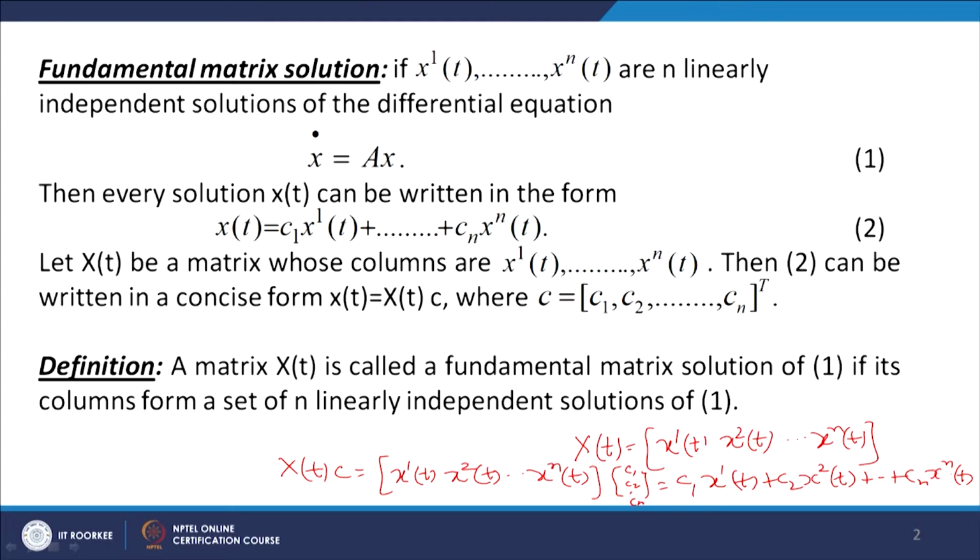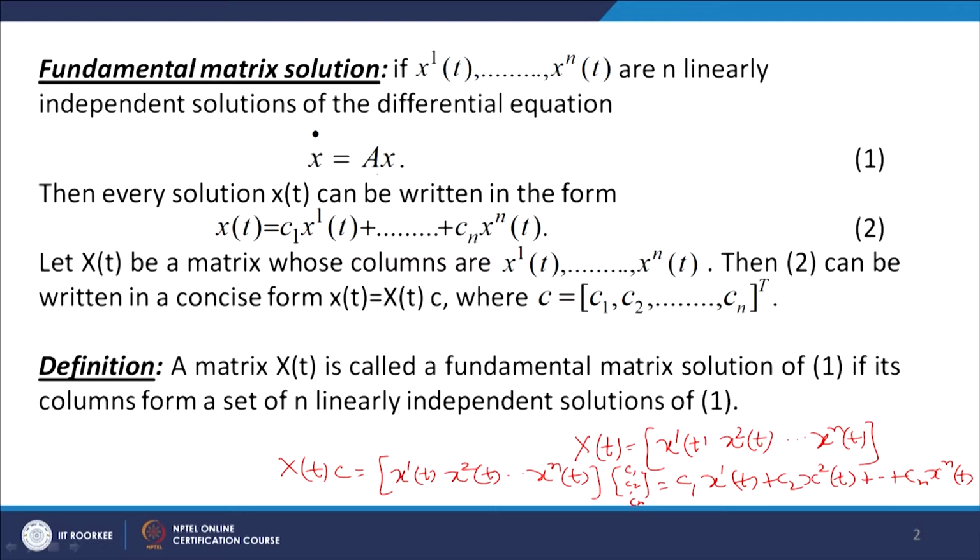Now, a matrix X(t) is called a fundamental matrix solution of the vector differential equation x dot equal to Ax if its columns form a set of n linearly independent solutions of 1. So X(t) here, which comprises these n linearly independent solutions x1(t), x2(t), xn(t), is a fundamental matrix solution of equation 1.